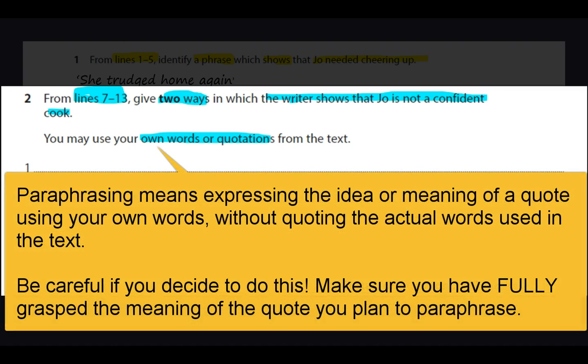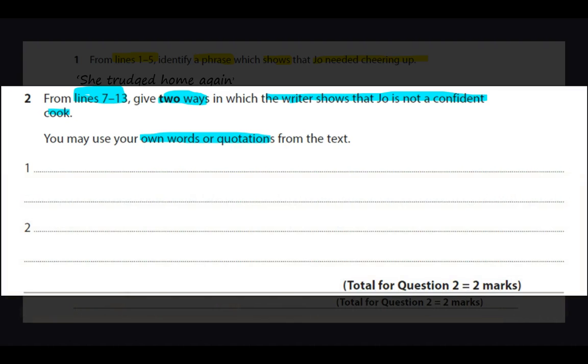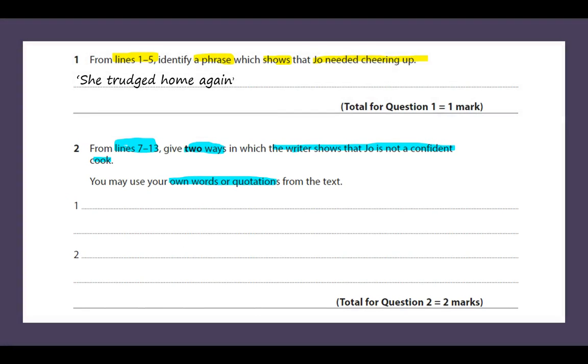And what that means is you can either provide a short direct quotation, or you can paraphrase, but you must keep the meaning of the quotation that you are paraphrasing, and you must be very clear about what that actually means. So again, let's go back and have a look at lines 7 to 13 and see what possible examples we could give in response to this.